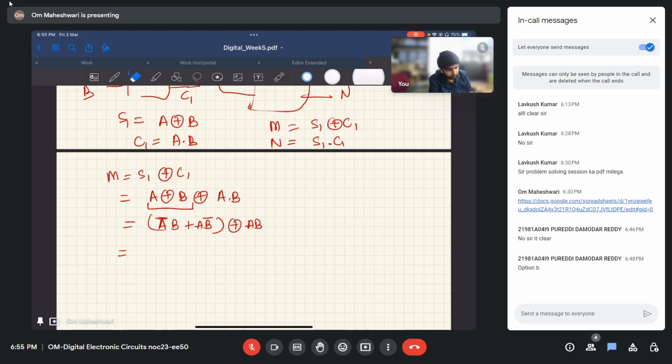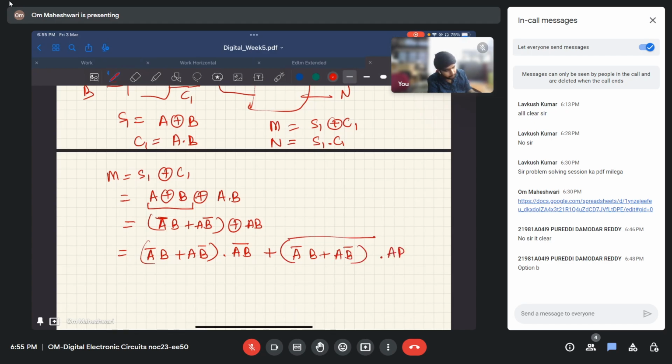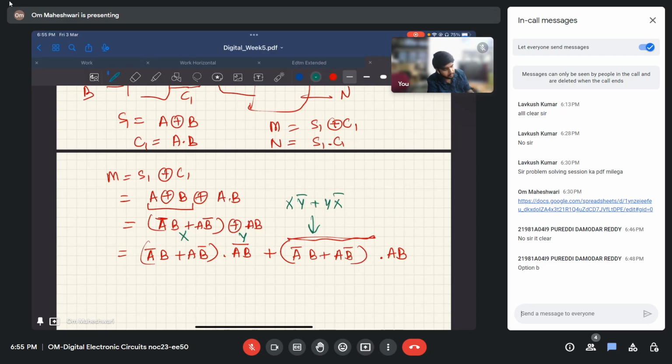That is A bar B plus A B bar dot AB whole bar plus A bar B plus A B bar whole bar dot AB. Right. If this is X, this is Y, X Y bar plus Y X bar.